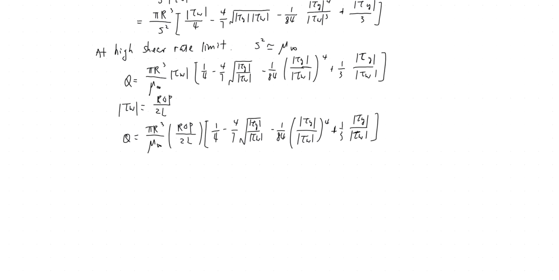If you want to reorganize this in a more suggestive way, you keep simplifying to see what you can get. You have pi R to the power of four over 8 mu infinite L delta P. Now you have 1 minus 16/7, and you have this term.